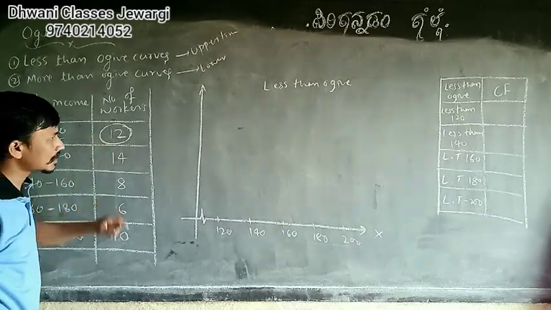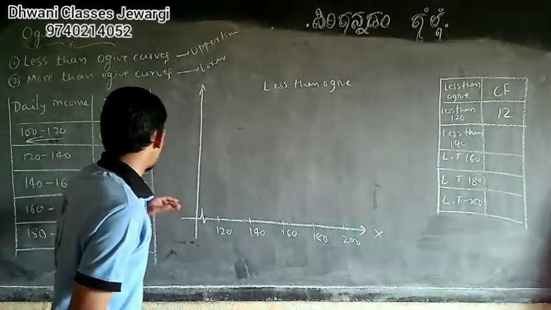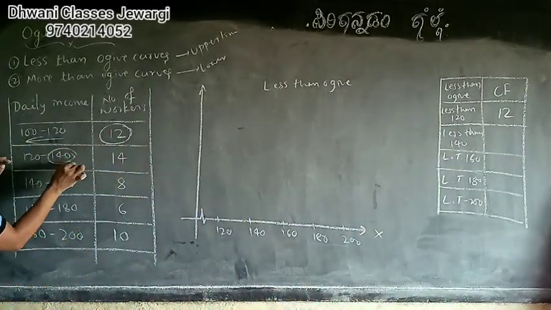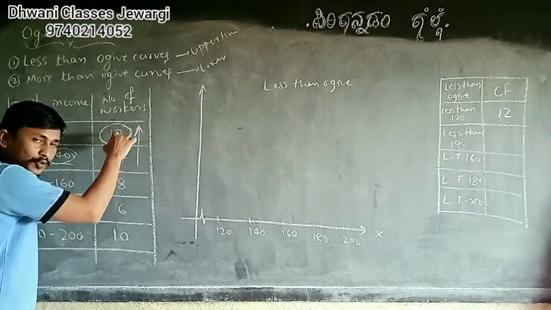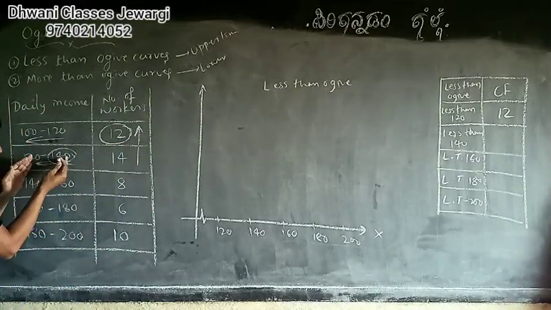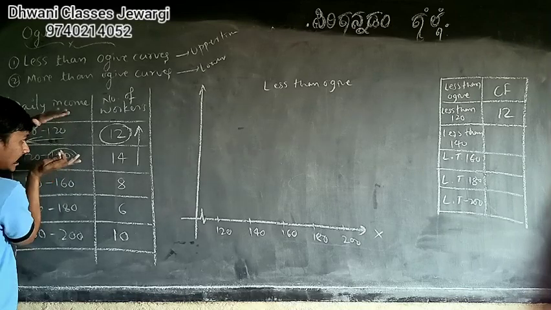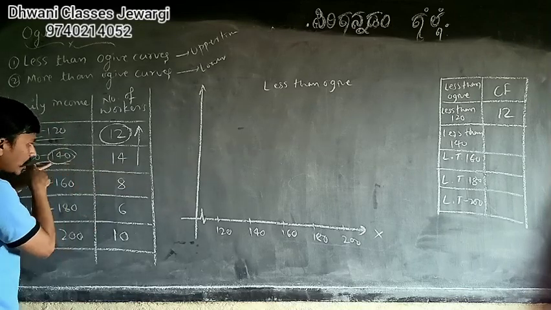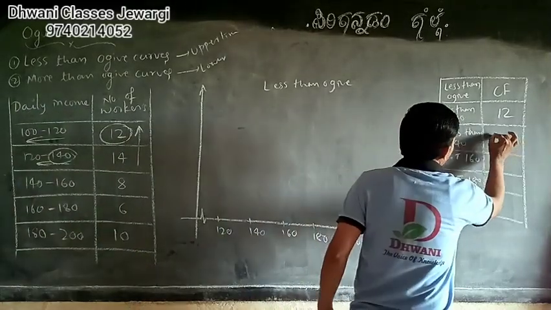Next, less than 140 income means you need to add 120 to 140 and also 100 to 120. Less than 140 rupees, 14 plus 12, that is 26.